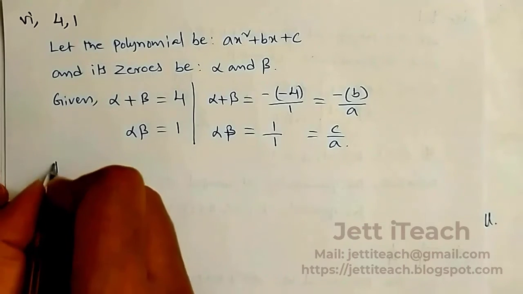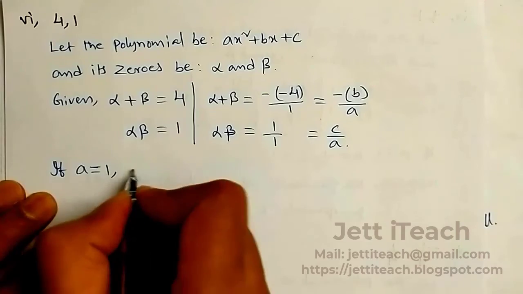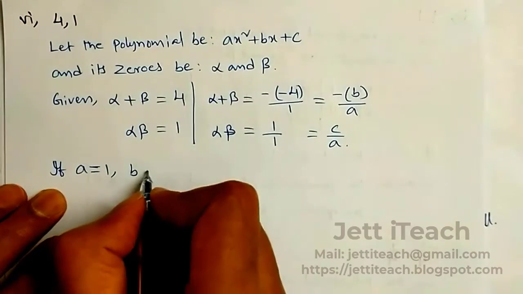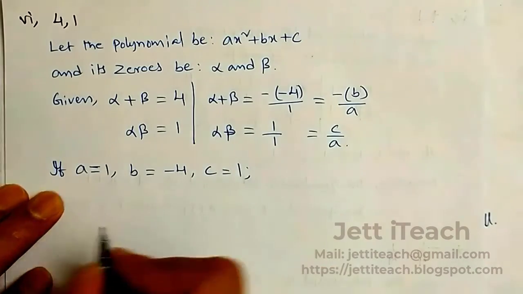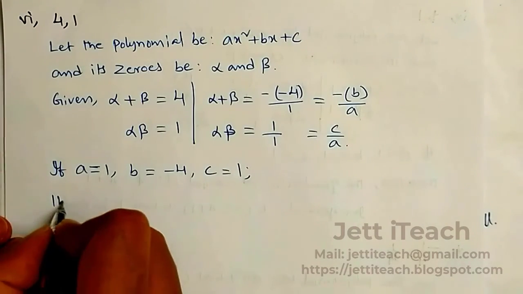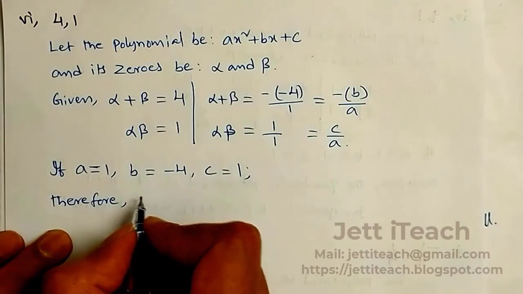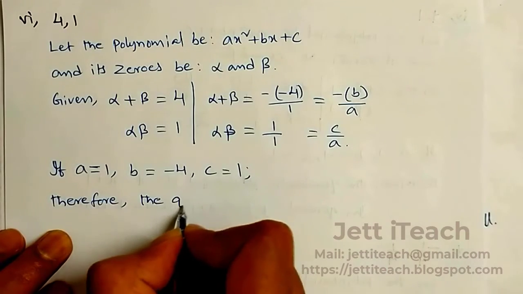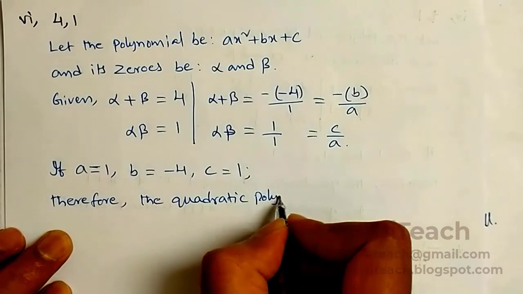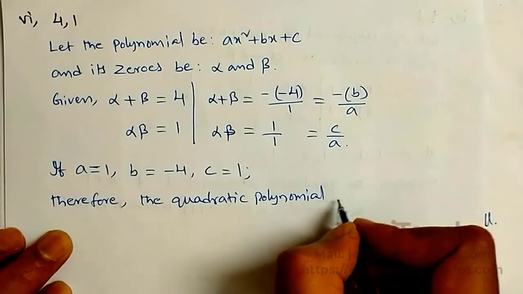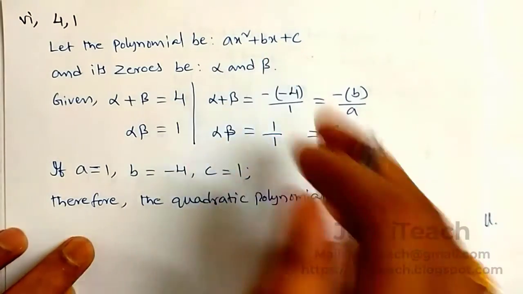If a is 1, b is minus 4, c is 1, therefore the quadratic polynomial is ax square plus bx plus c.